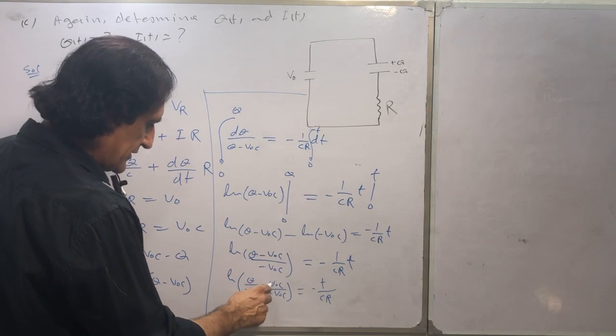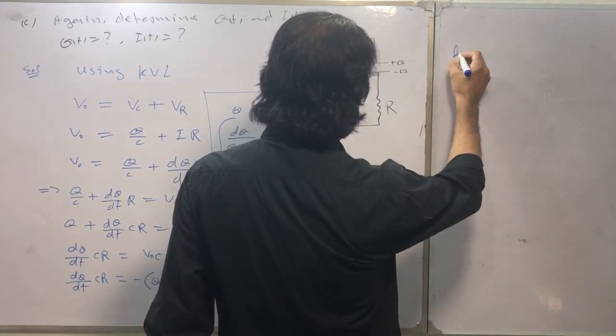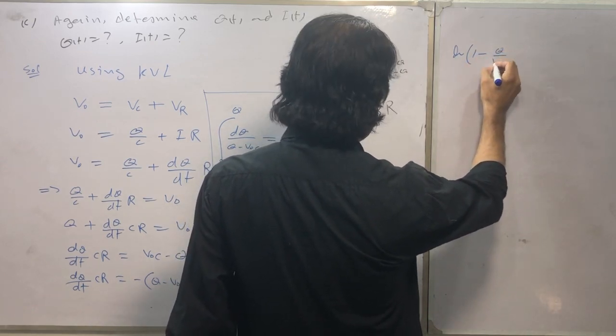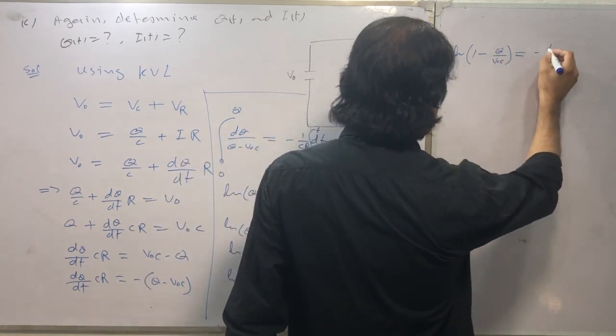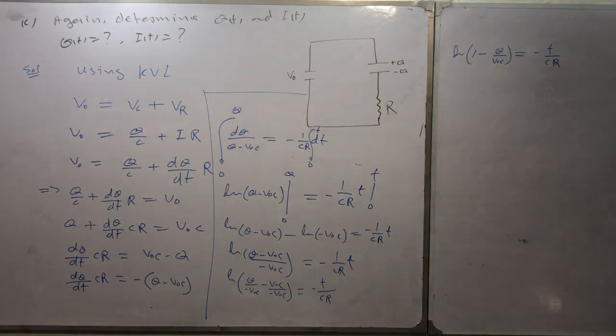Then if we look, the minus signs cancel out, and the log of 1 minus q divided by V naught C is equal to minus t divided by CR. We have this relation.